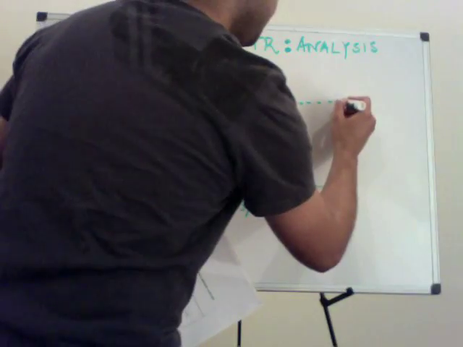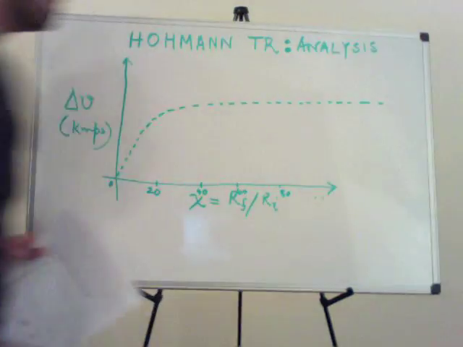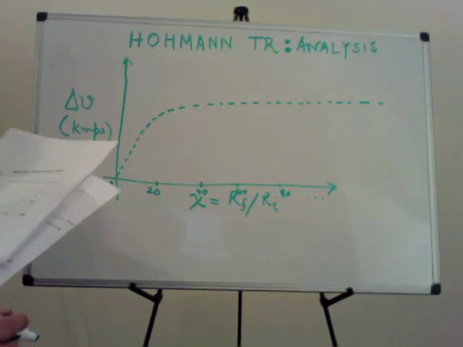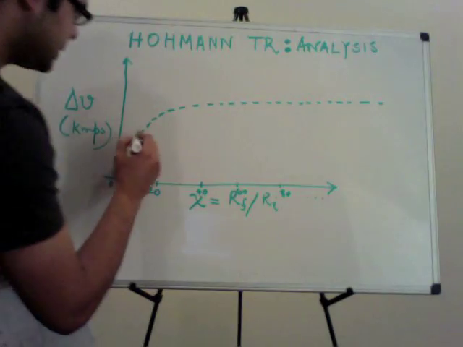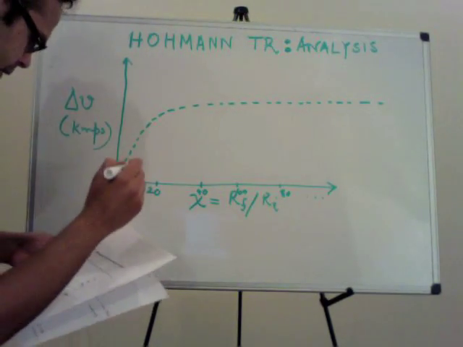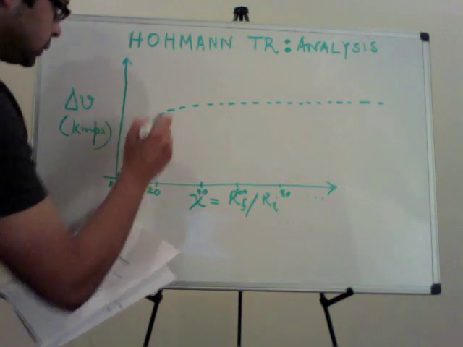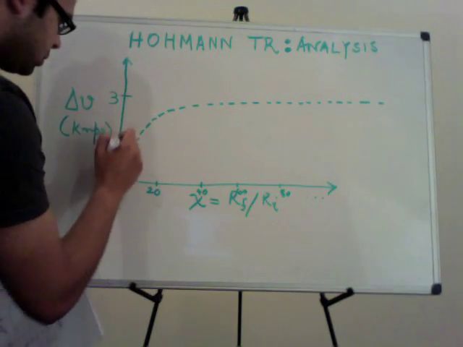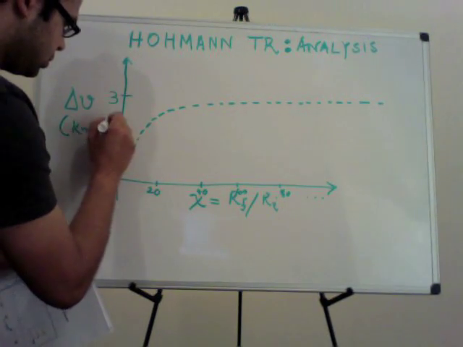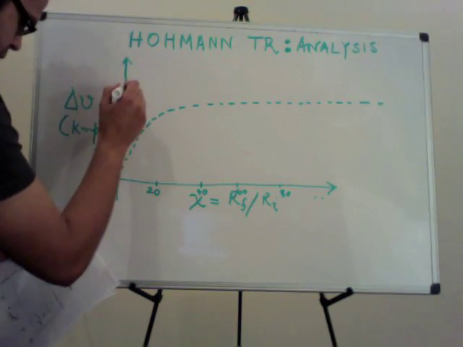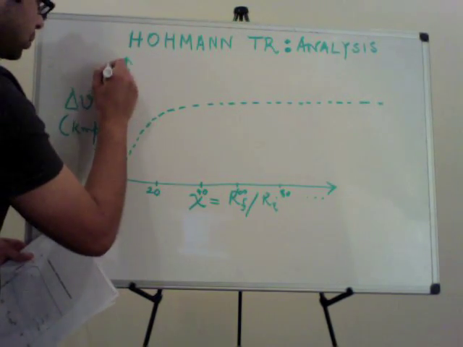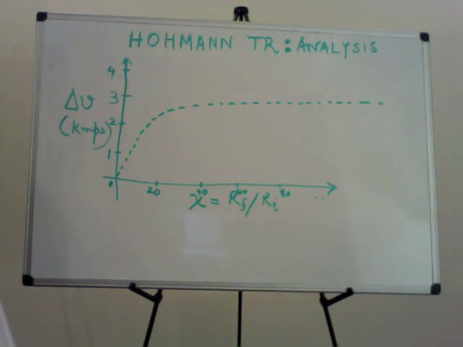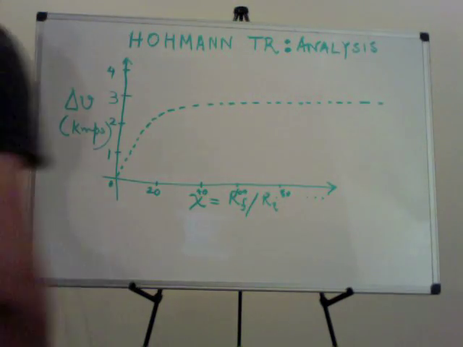So this one is delta V1, on the y-axis I have, this is 3. That's delta V1.